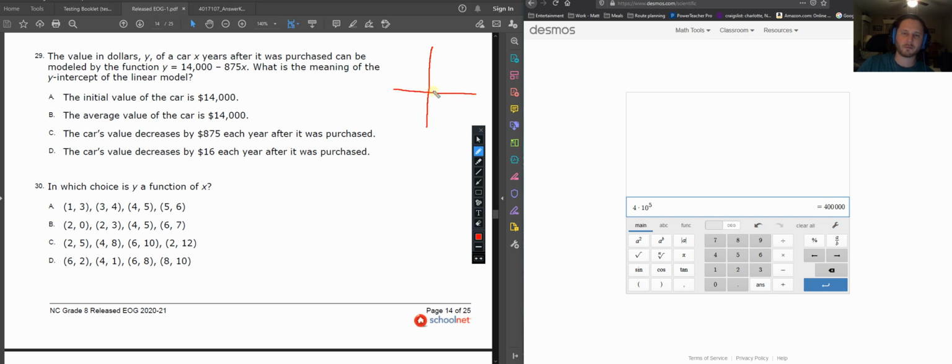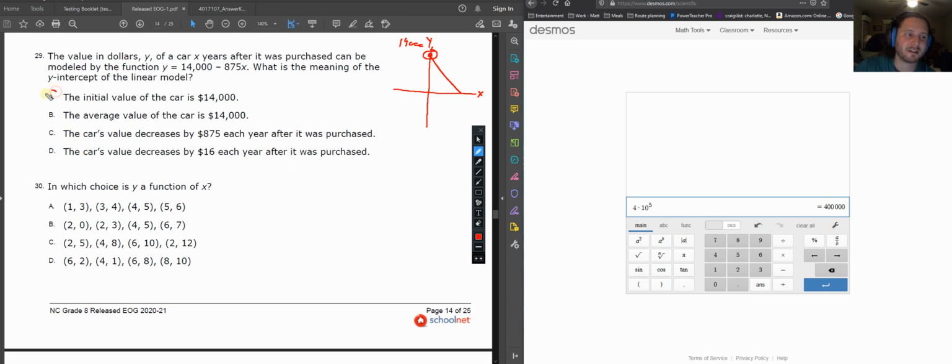So y-intercept right here. Obviously, we can tell it's going to start way up here at 14,000. And it looks like it's going to just go down in a straight line. So they're asking, what does that y-intercept mean? What does it mean when it's at that $14,000?